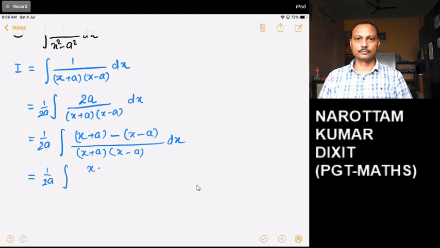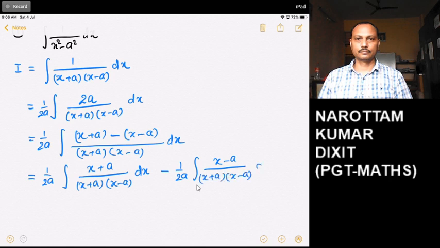Now we can write x plus a divided by x plus a into x minus a dx minus 1 upon 2a x minus a divided by x plus a into x minus a dx.